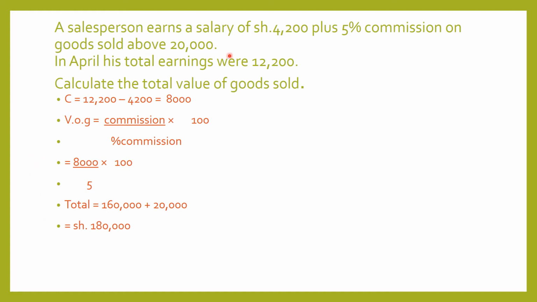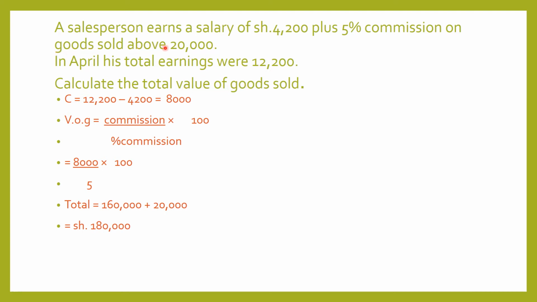Underline this one: it is your basic salary. The salesperson is earning a basic salary of 4,200, and this one is the total income. In April, his total income or earnings was 12,200. This is the percentage commission, and we also have value of goods sold here, and we are being asked to find the total value of goods sold.